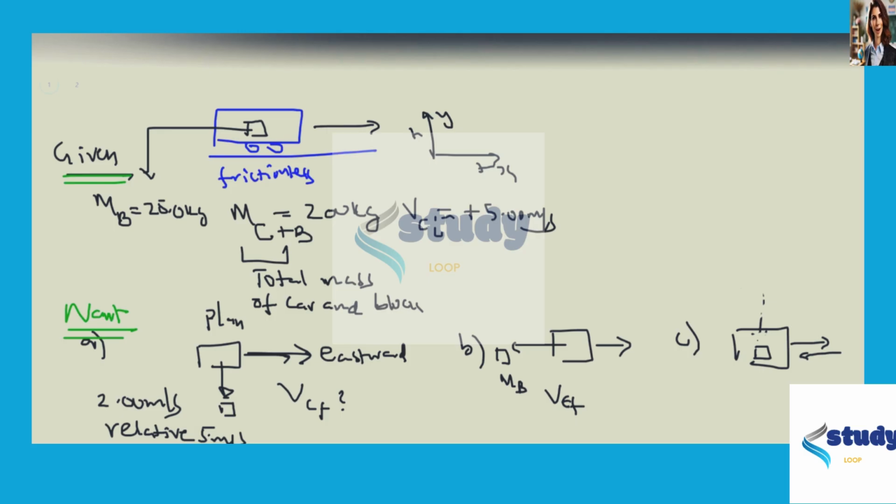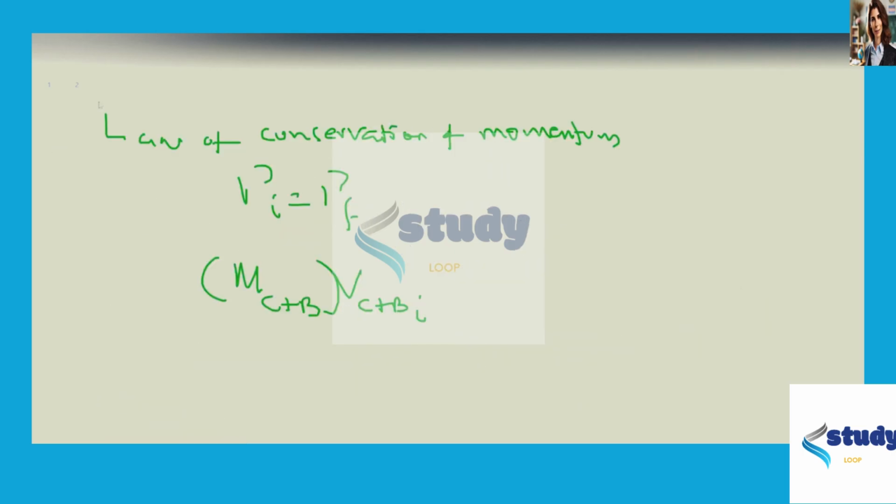This is the initial velocity of the car and the block together, 5 meters per second. So that times the initial velocity equals, once you throw the block outside, it's by itself and has its final velocity of the block. And the car also now is by itself.